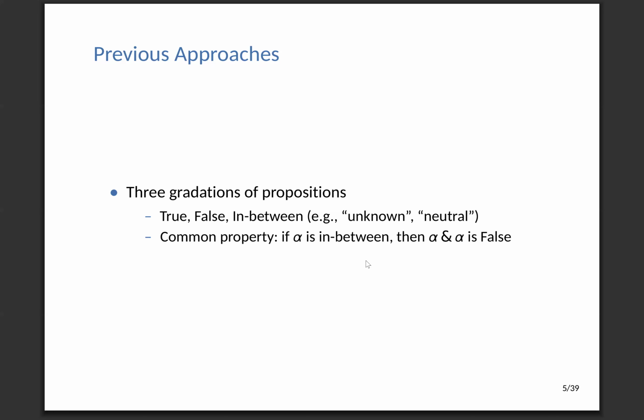And the common property of all those models was that if we had alpha with the in-between value, then taking alpha in the three-valued case 2 times, or in the n-valued case n times, gave us false. So basically, there were 2 static values, 0 and 1, and the neutral element, which depending on the operators could be skewed in one of the directions.